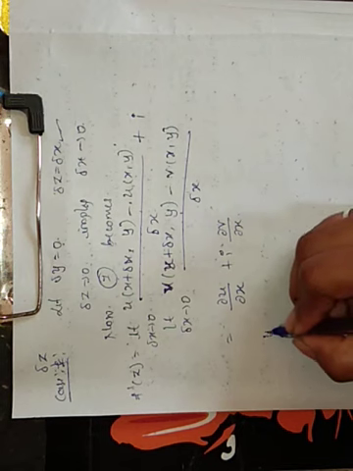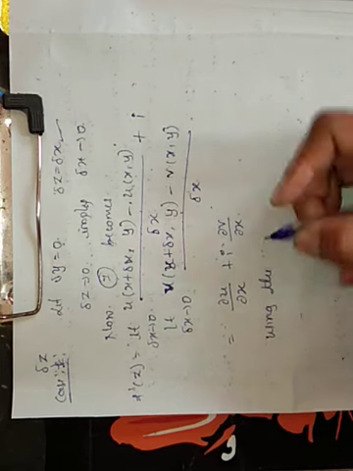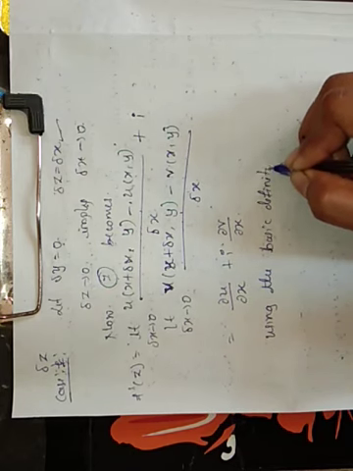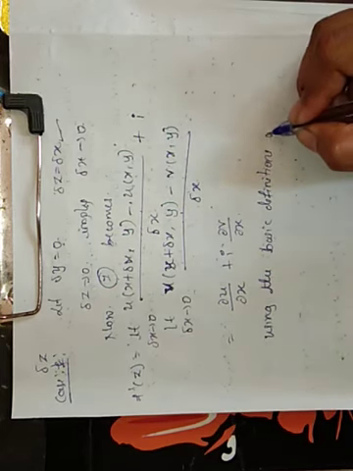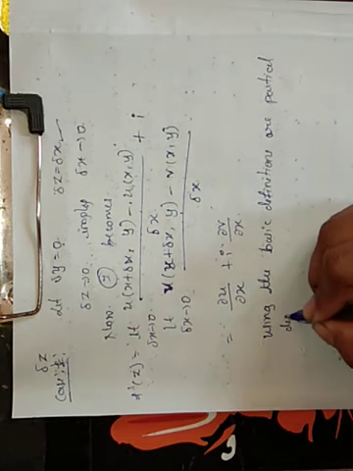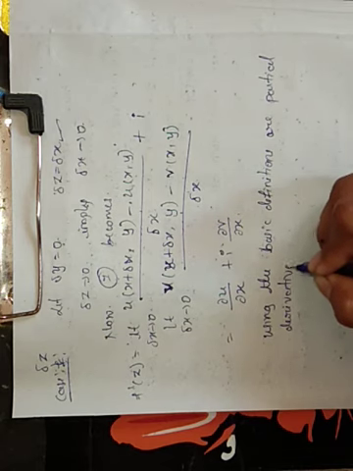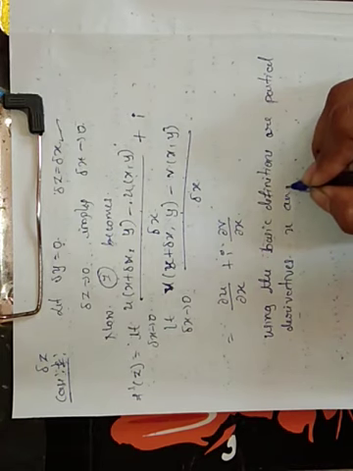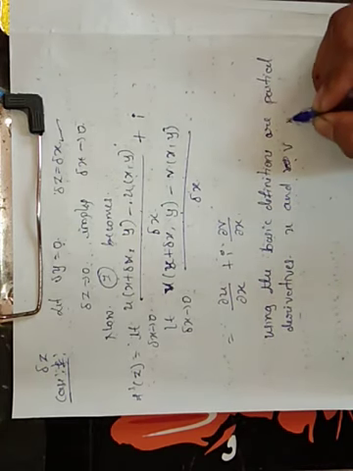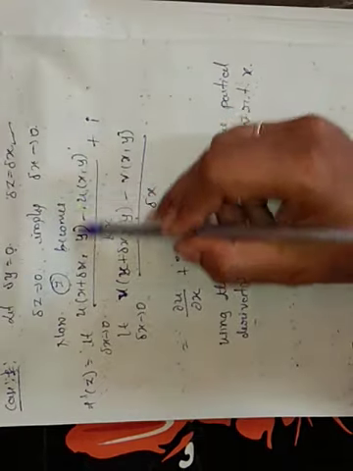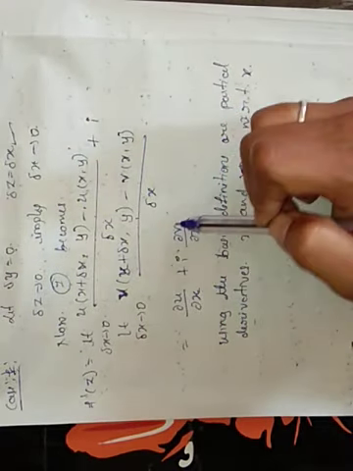Using the basic definition of the partial derivatives of u and v with respect to x, we can write this term as dou u by dou x and this term as dou v by dou x.